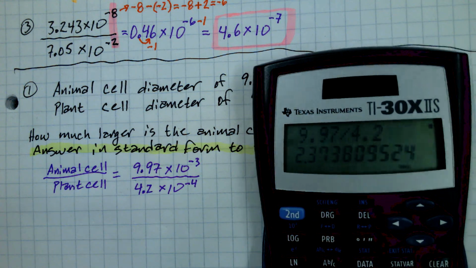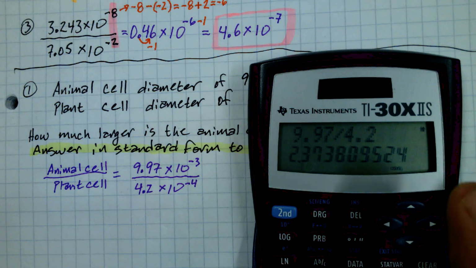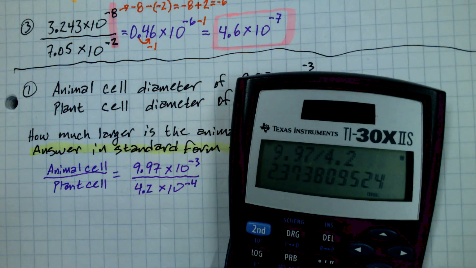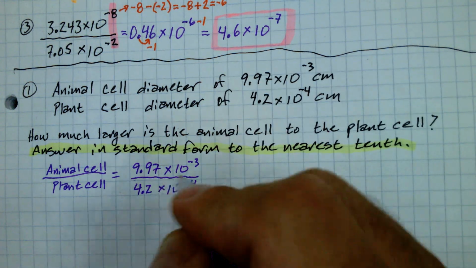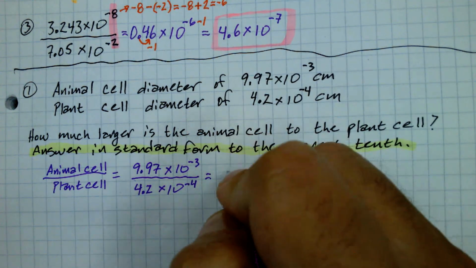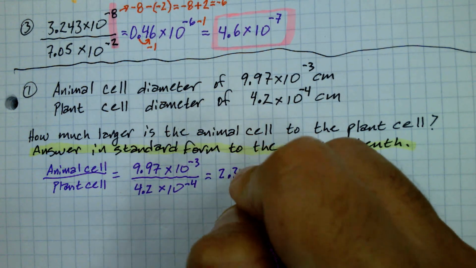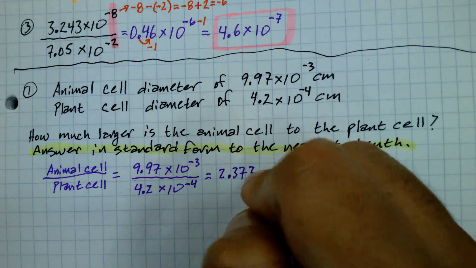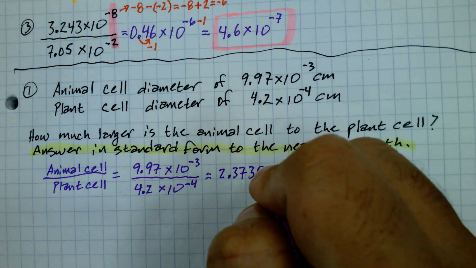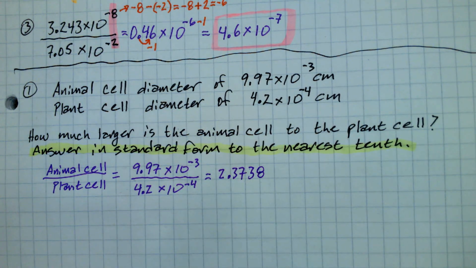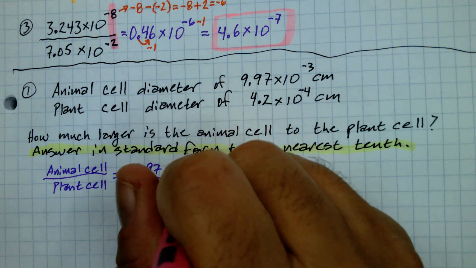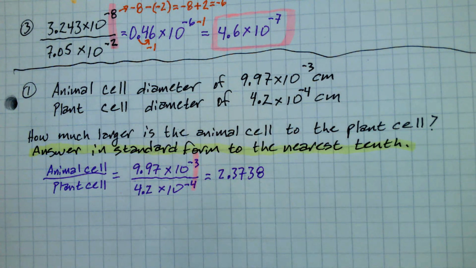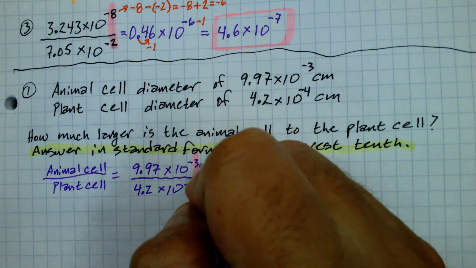And I get 2.3738. Ooh, I got a bunch of digits. But fortunately, I know I'm going to round this. So I'm going to just go like 4 digits in. 3738. So I'm going to say this is 2.3738. And I'll cut it off there. But now I also have to figure out my exponent. So let's do that math problem.